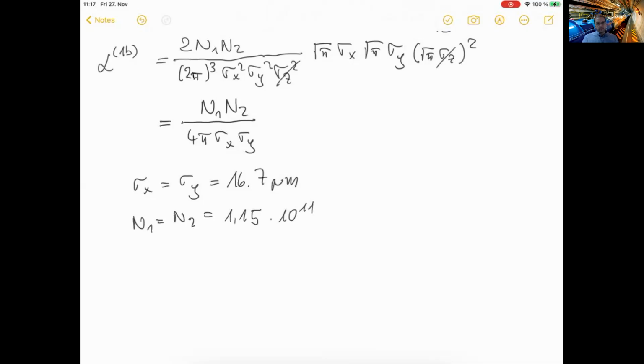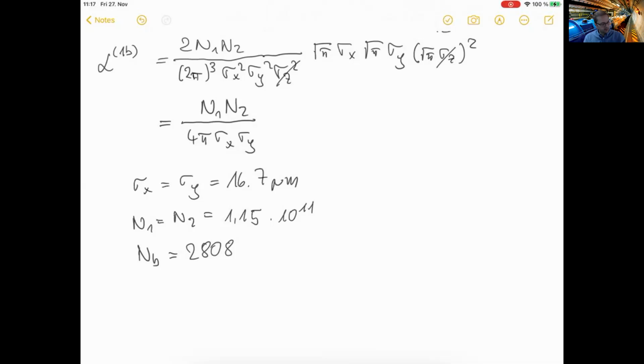And then we have, what we haven't used so far, 2,808 bunches at the same time in each of the two counterclockwise rotating beams.